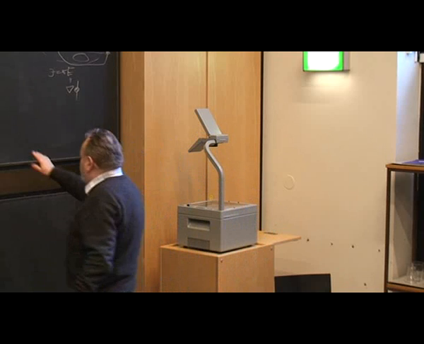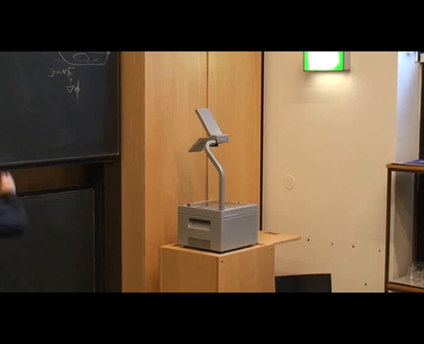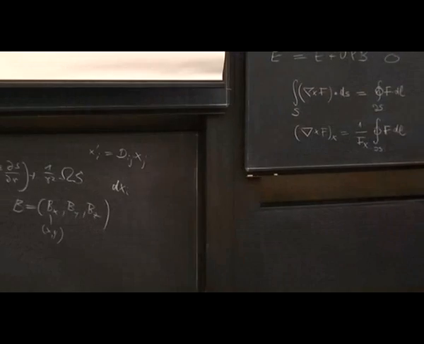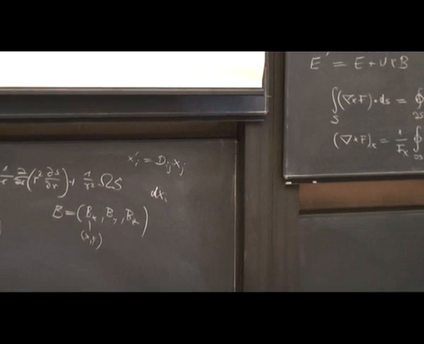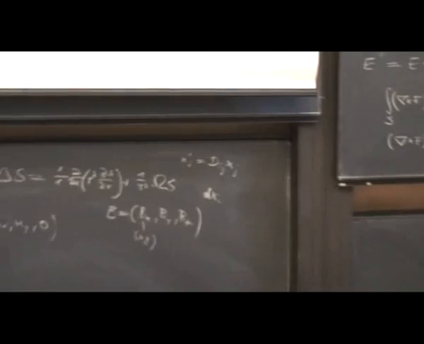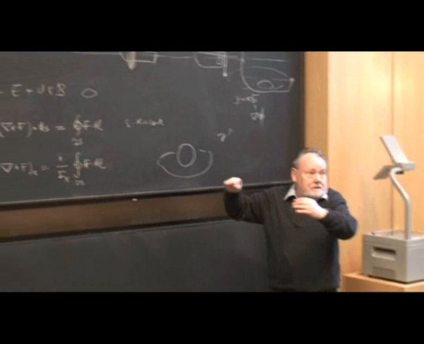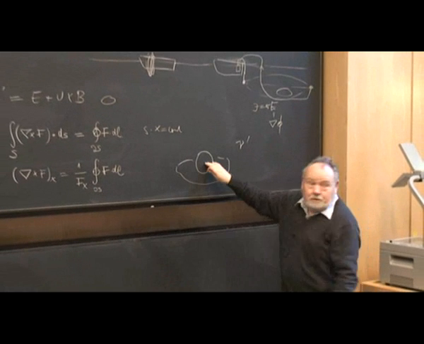If you have a body here and all other space about is V dash, you can take any curve here and contract it to a point without going through this.